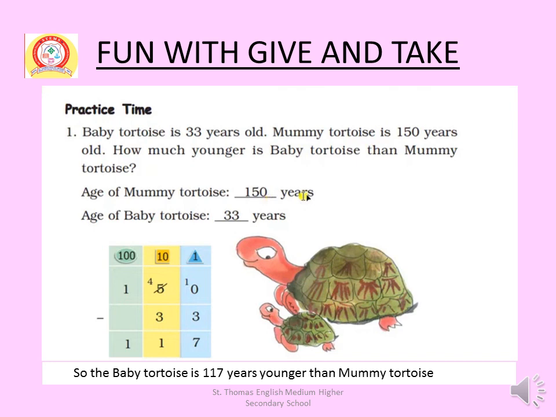So to find out the answer, we will subtract 33 from 150. So the answer is 117. So the baby tortoise is 117 years younger than mummy tortoise.